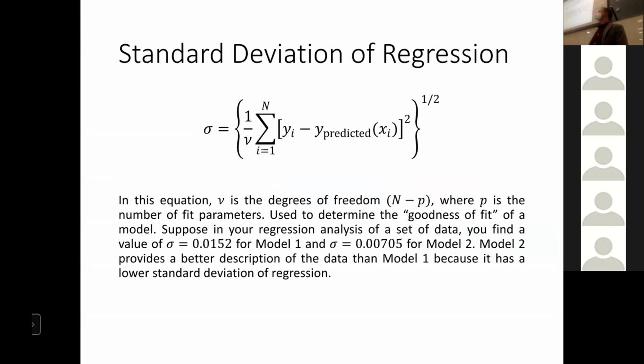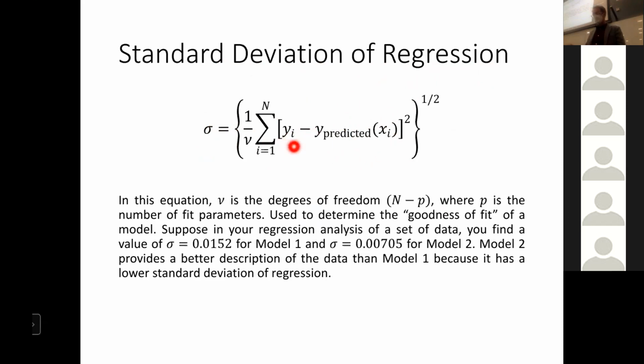So one of the parameters you can use to see how good a fit is, is what's called the standard deviation of the regression. This is just an extension of what we already looked at when we looked at a linear fit, the standard deviation of the residuals. In general, for any parameterized equation that you're trying to fit, it's equal to the square of the residuals, right?